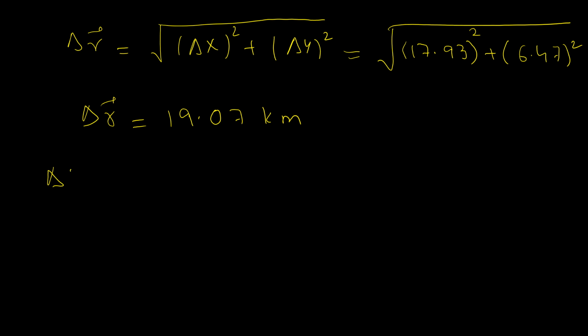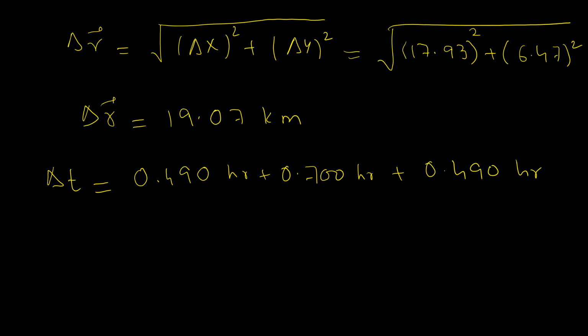Now we need the total time. For the time, we are just going to add up the time for all the three different vectors. So this was 0.490 hours, plus 0.700 hours, plus 0.490 hours. So the total delta t we have is 1.68 hours, and now our V average is going to be delta r over delta t.